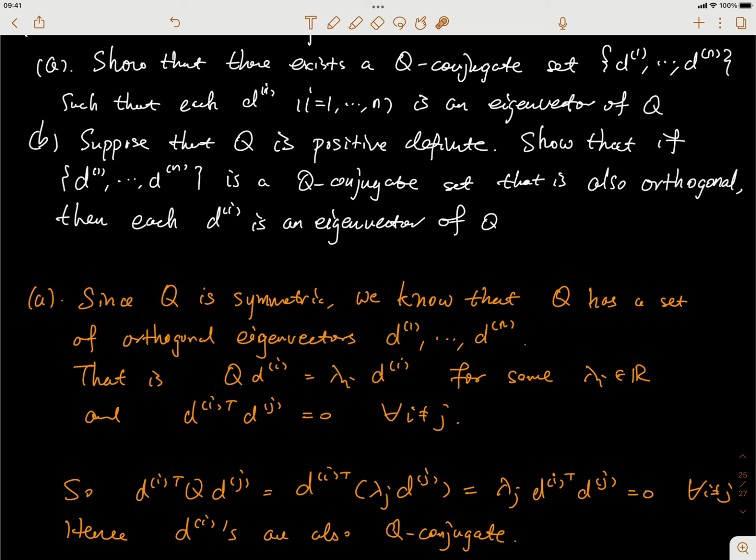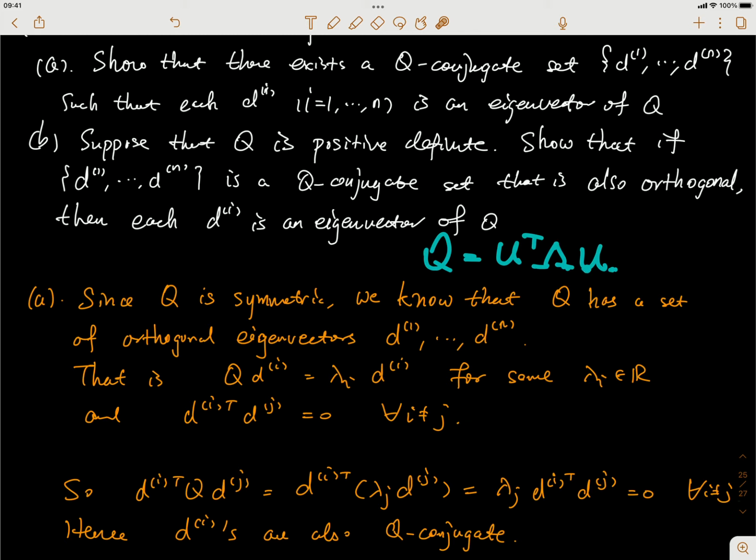Some of these eigenvalues could be the same, but anyway, we have this. So Q equals this. Lambda is a real-valued diagonal matrix, and U is an orthogonal matrix.